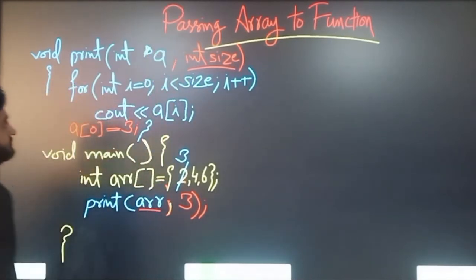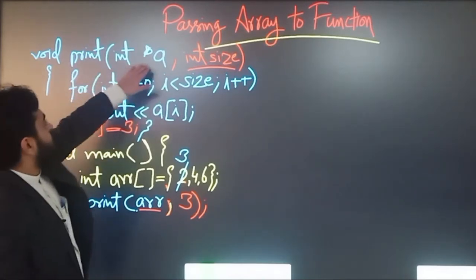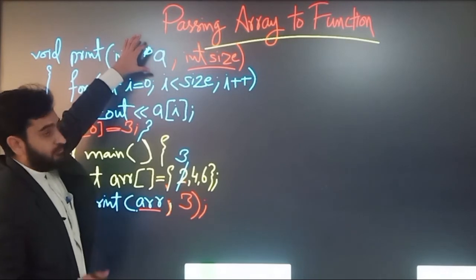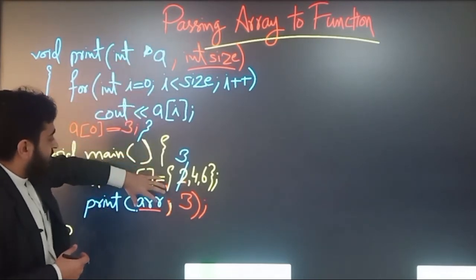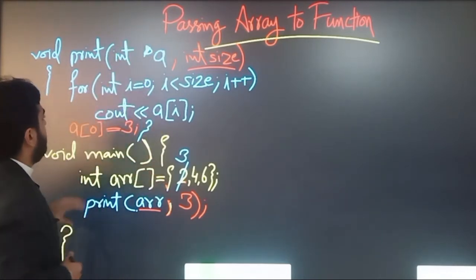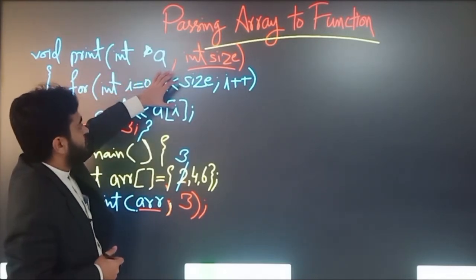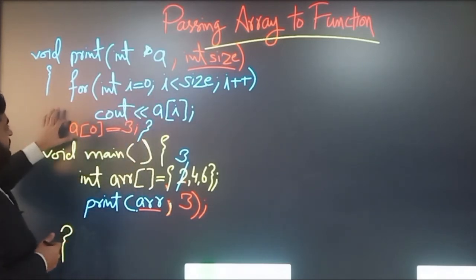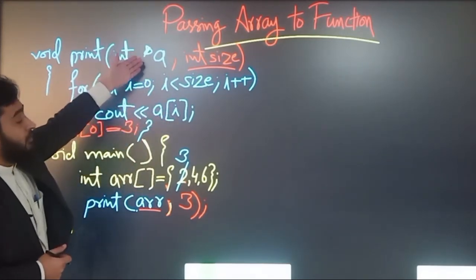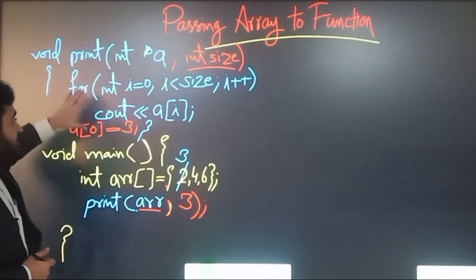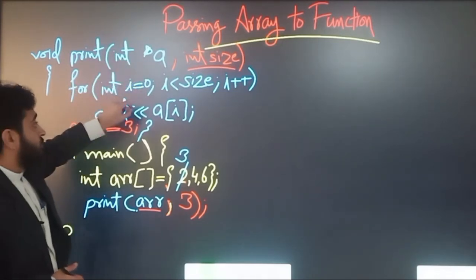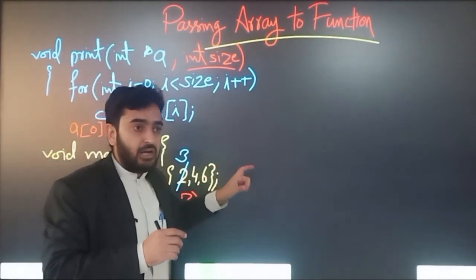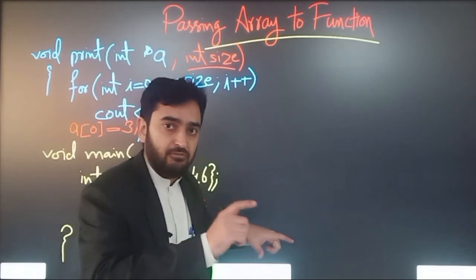You can see that we have used a pointer here in the parameter list, and we have actually cached the address of the first element of the array here, and then we are going to use the concept of the array. So here you can see a of 0, a of i, while a is a pointer. So this is also allowed in C++ to use the concept of the array with pointers, and we are also allowed to use pointers with the array as well.